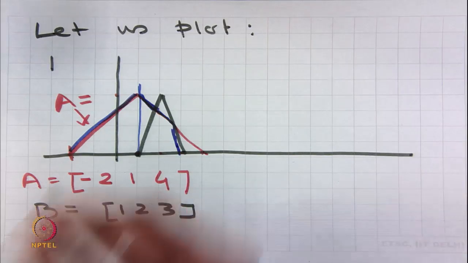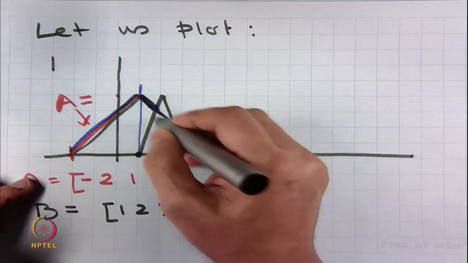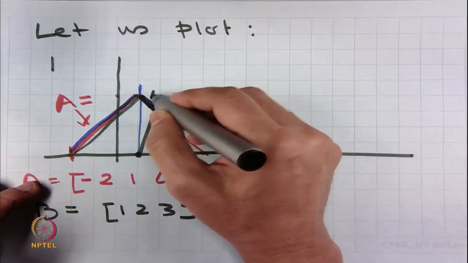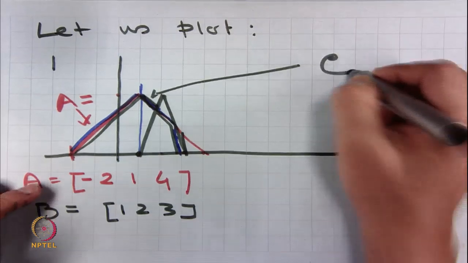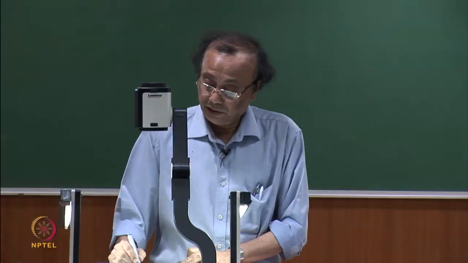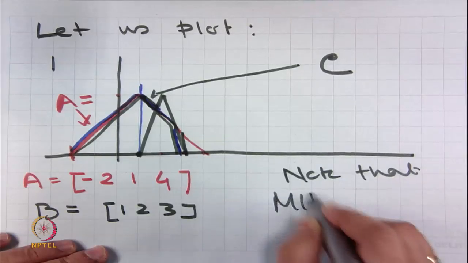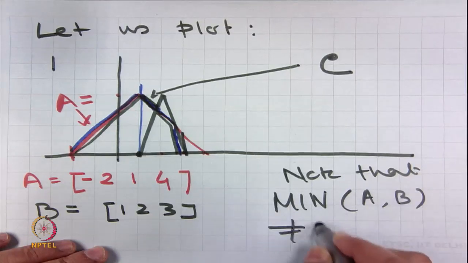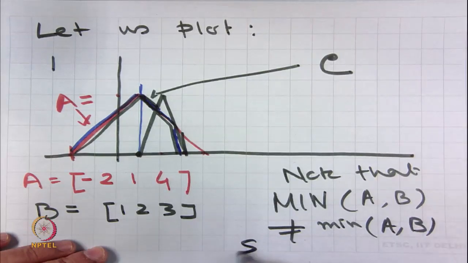So, this line is the membership function for C. Note that mean of A, B is not equal to the standard intersection.